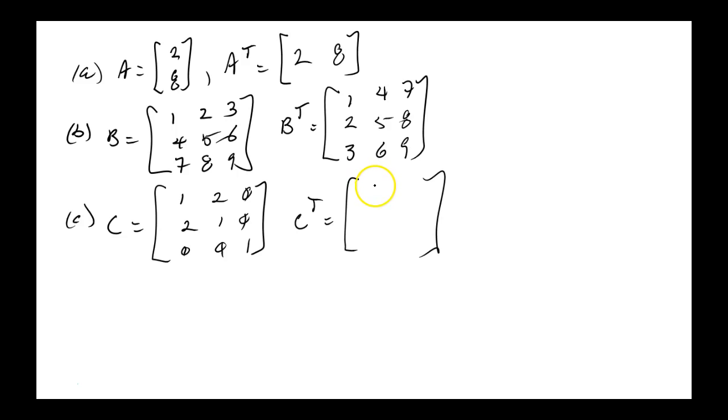The same. 1, 2, 0, 2, 1, 0, and 0, 0, 1. Now, is there anything special about that C that made that true?